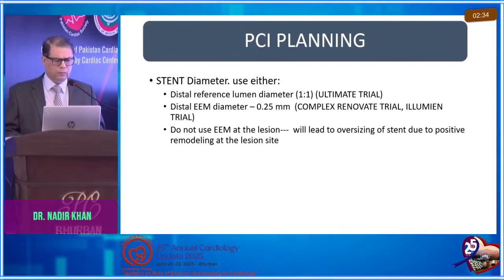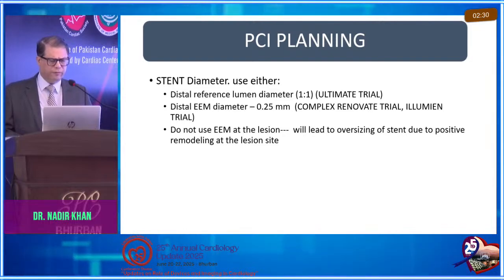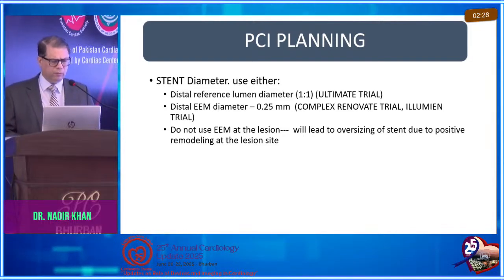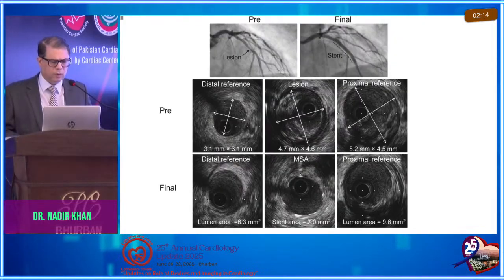You can use the distal reference lumen diameter for the stent size, or the distal EEM, and do not use the EEM at the lesion because of positive remodeling. You can oversize the stent.